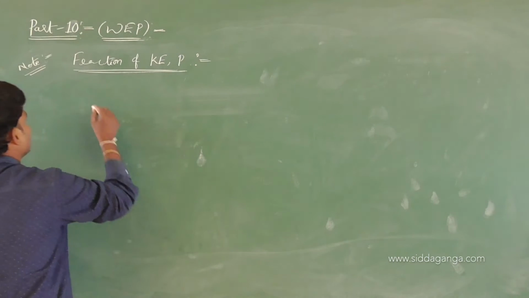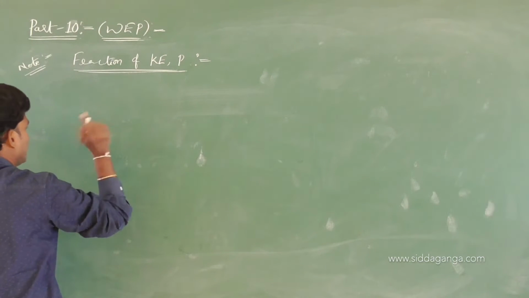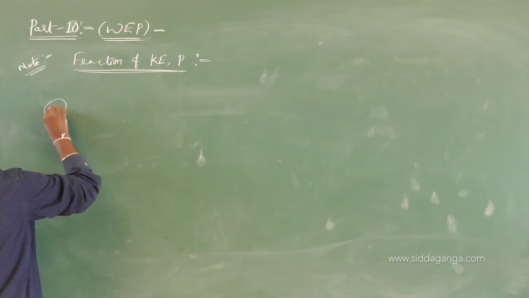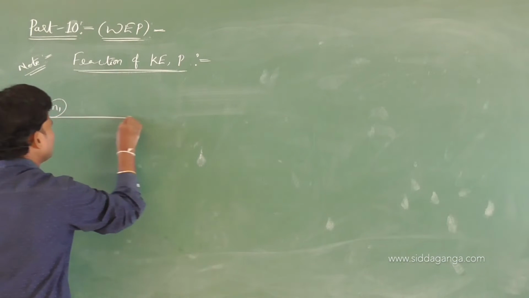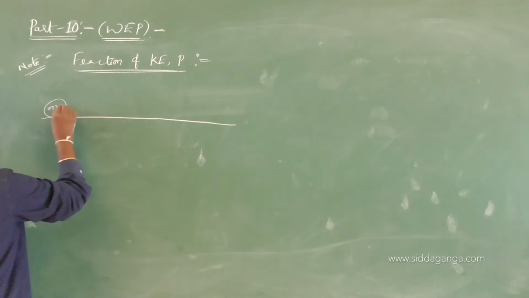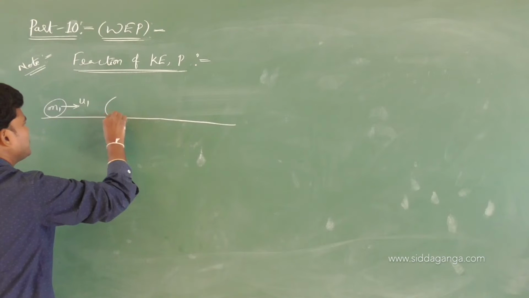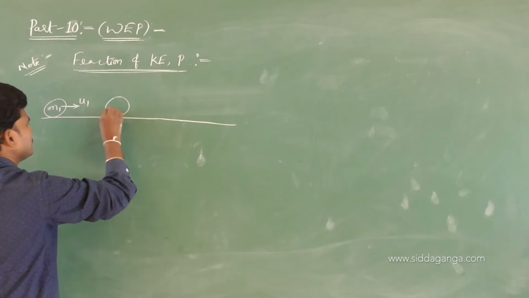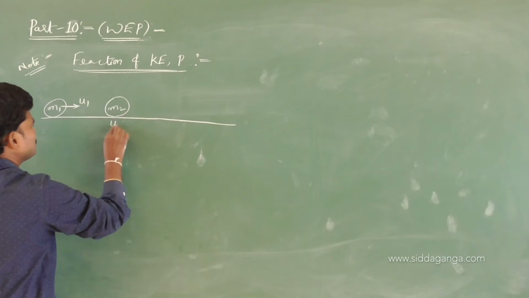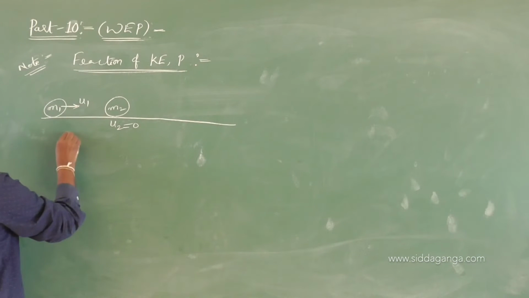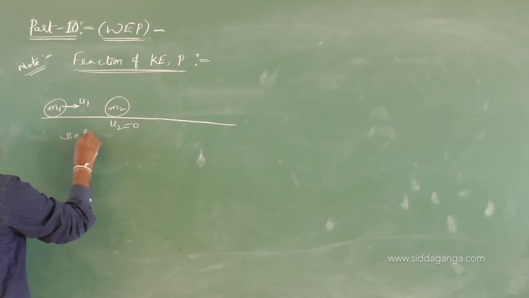See, let me consider a particle of mass m1 which moves with a speed u1 and hits another particle of mass m2 that is at rest. So this is before collision.